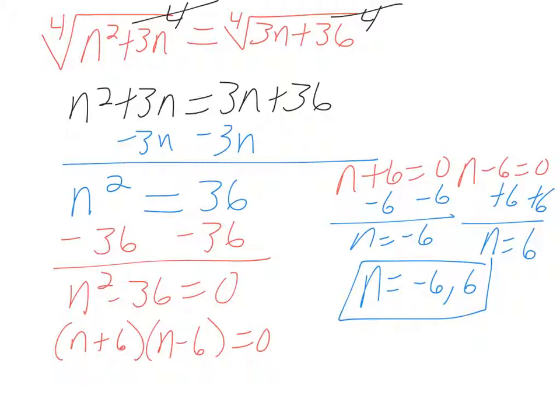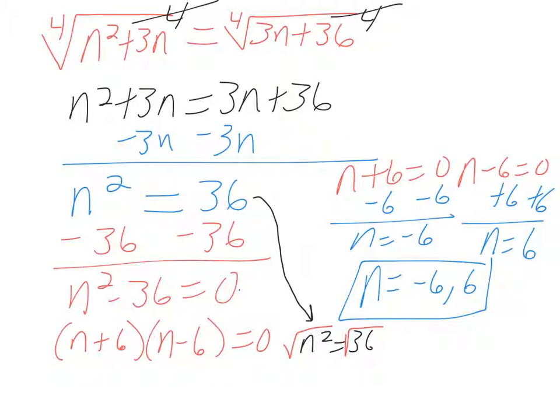Now if you wanted to, you could have gone to this right here. Since I have n squared equals 36, if I would take the square root of that and the square root of that, because remember, whatever you do to one side, you have to do to the other.